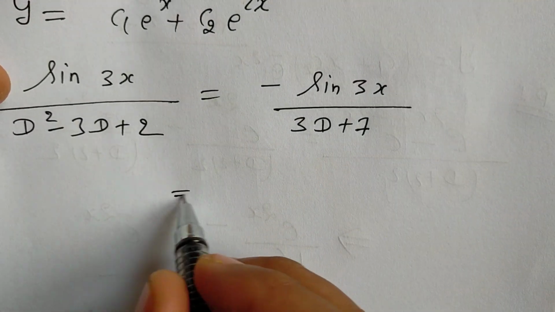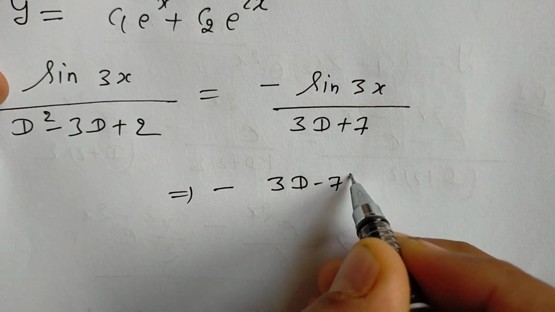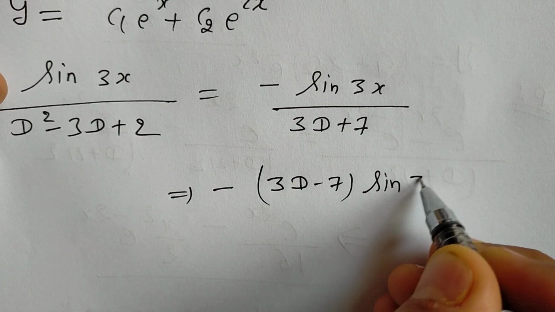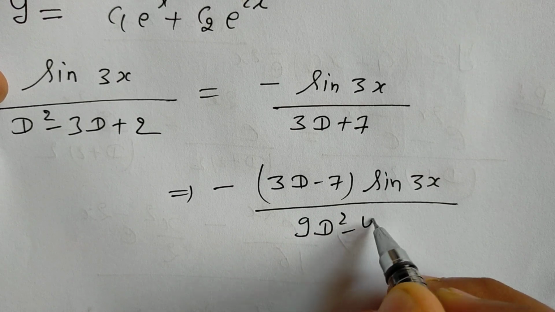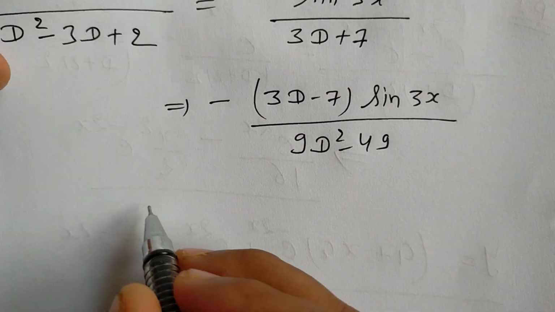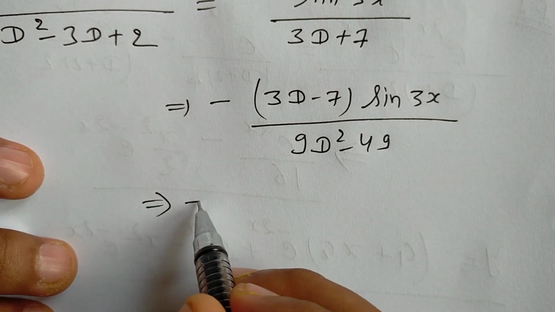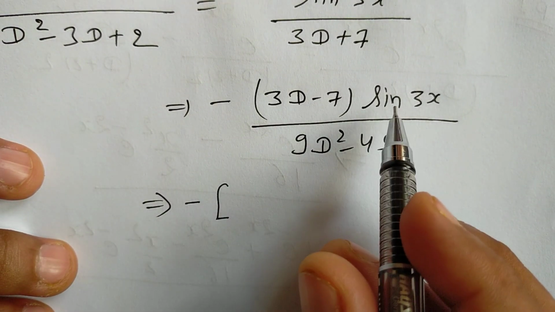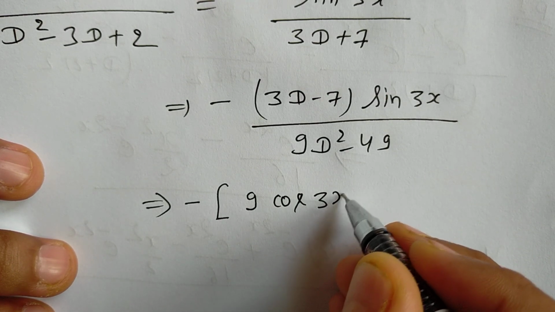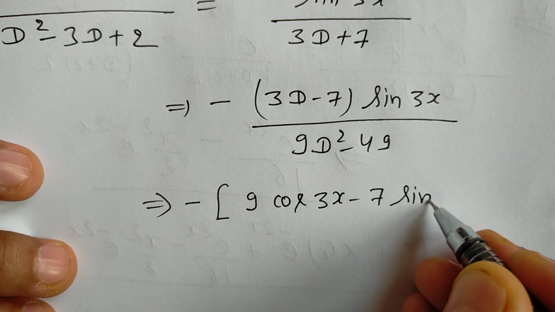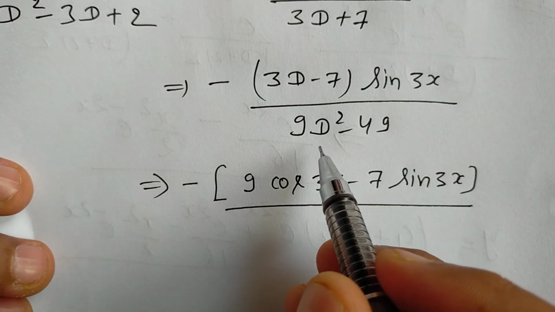Now we multiply by 3D minus 7 and divide by 3D minus 7. So here we get 9D square minus 49. If you solve, the first term will be the differentiation of sin 3x, so this will be 9 cos 3x minus 7 sin 3x, and D square is replaced by minus 9.